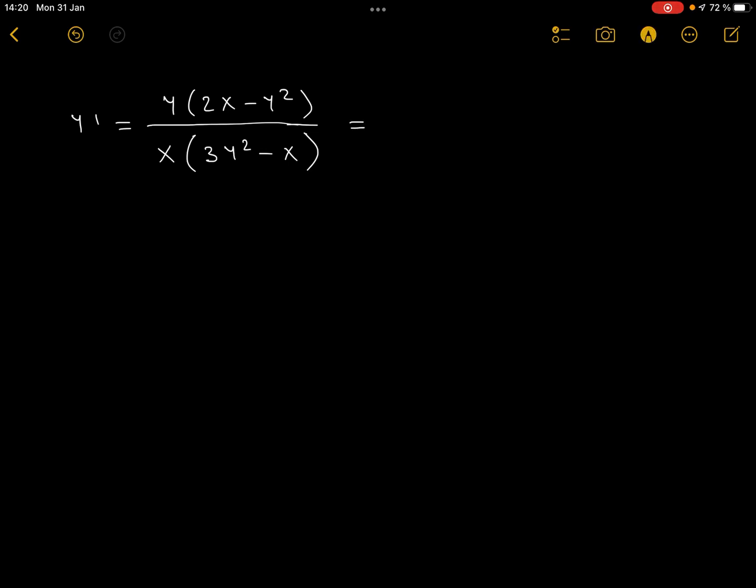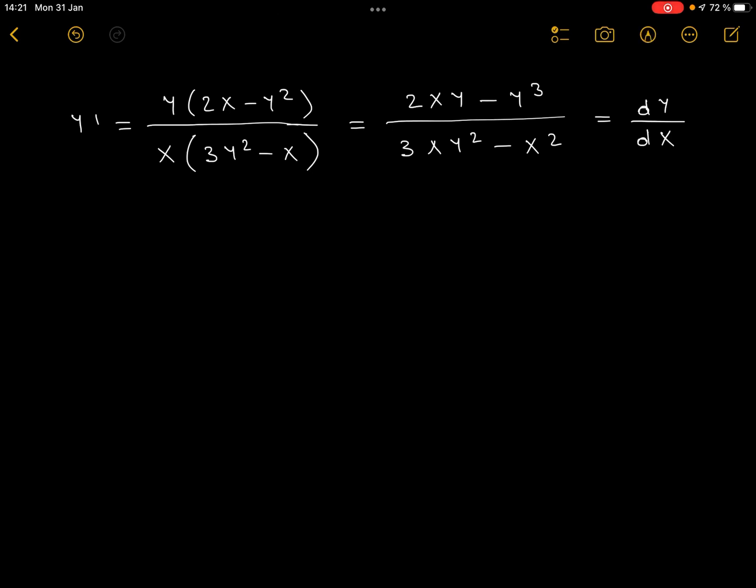Now I'm just going to go ahead and expand this a little bit. I'll rewrite this as (2xy minus y to the third power) over (3xy squared minus x squared). And this is the same as y prime, which is the same as dy over dx.